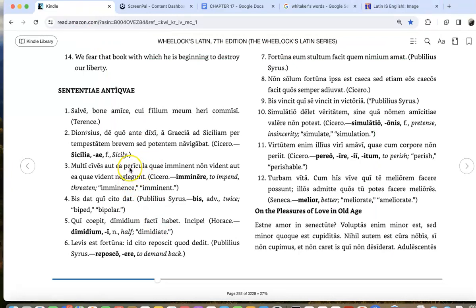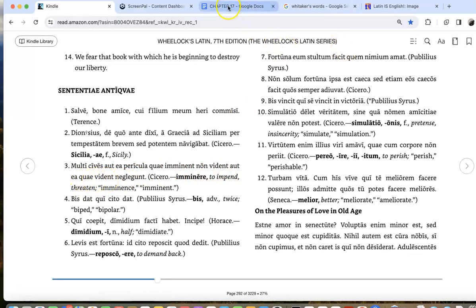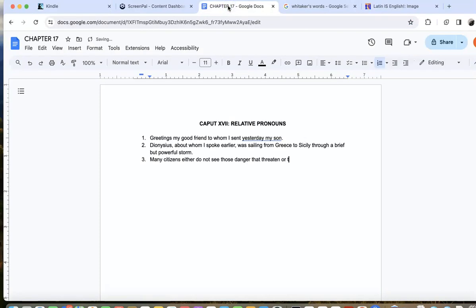So either do not see those dangers that, you could use that or which, that threaten or are threatening, or they neglect those that they see. Let me go ahead and write that down. Or they've got their head in the sand. In other words, they neglect those that they see.